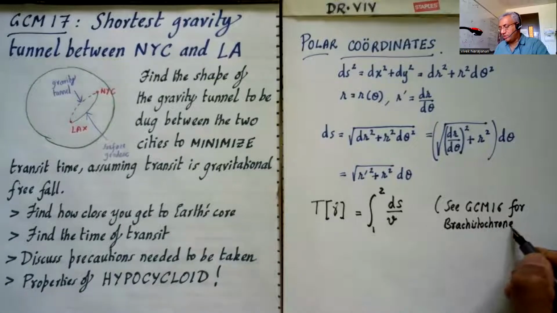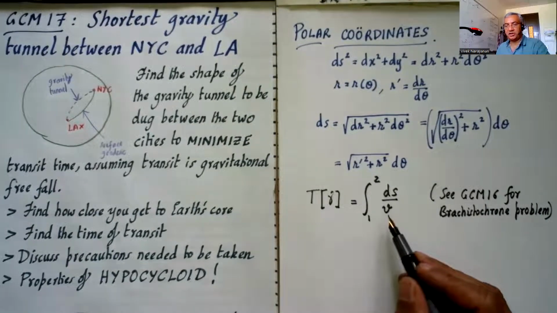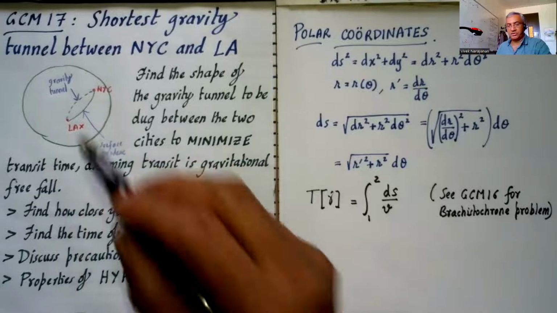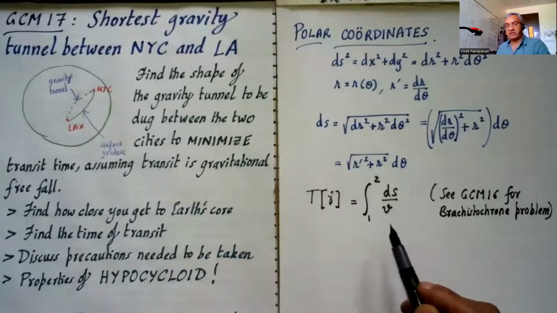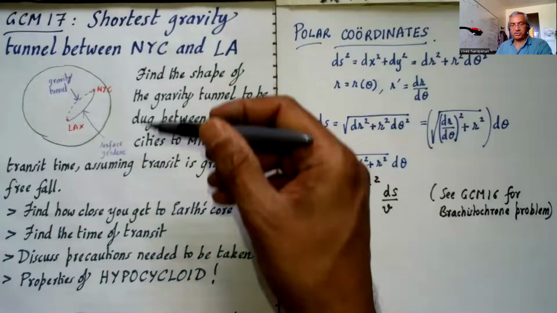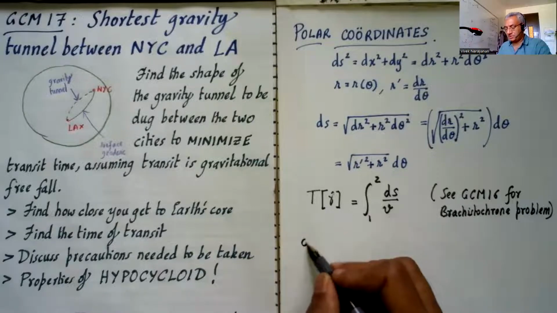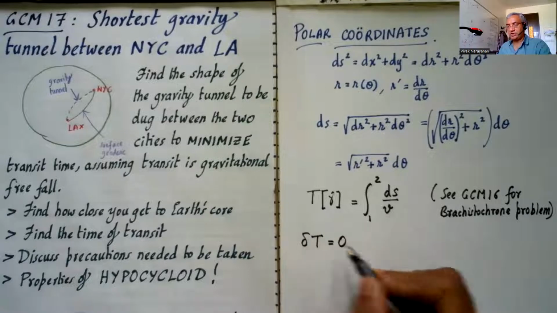This is a very similar problem to the brachistochrone problem, except the velocity of the object is not going to be given by the square root of 2gy as it was in the previous problem. It's going to be slightly more complicated because gravity does change as you go inside the Earth. So this is the time functional, and if you vary this, delta T should be equal to 0.